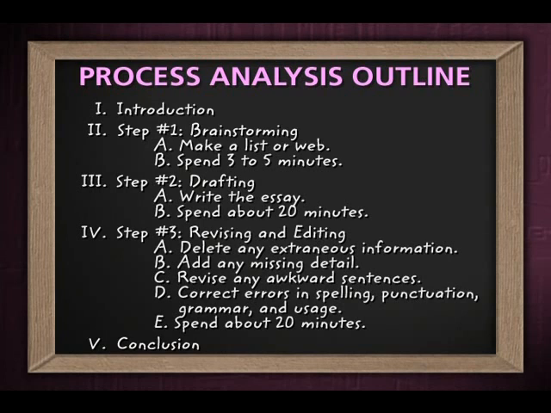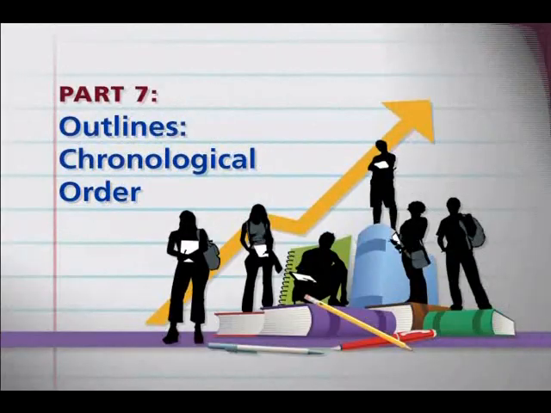A is delete any extraneous information. Extraneous means stuff you don't need, extra. B, add any missing detail. C, revise any awkward sentences. D, correct errors in spelling, punctuation, grammar, and usage. And E, spend about 20 minutes in this part as well.